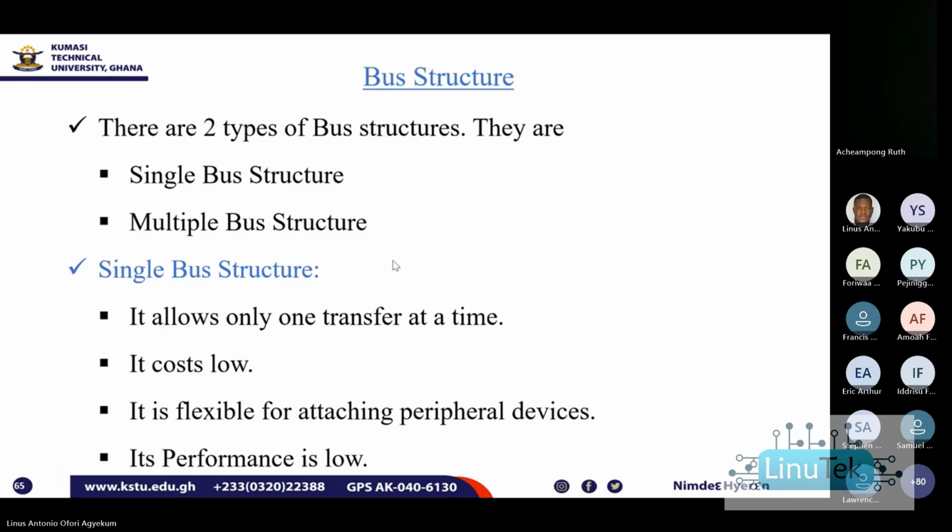Now, the single bus structure allows only one transfer at a time. Okay?